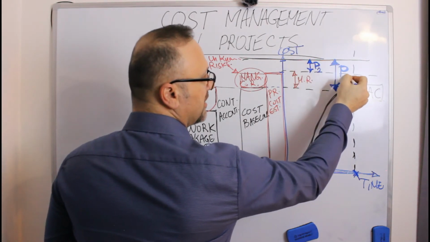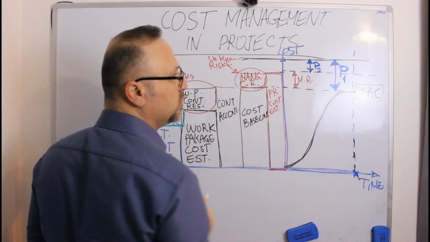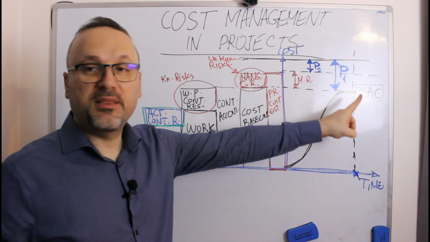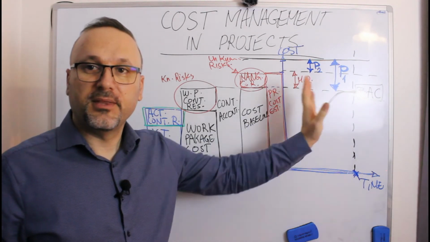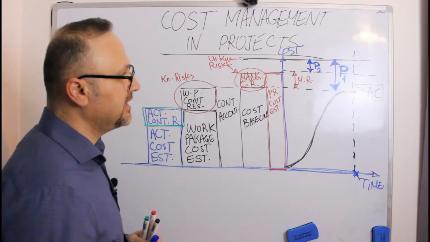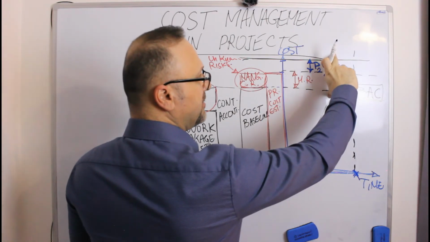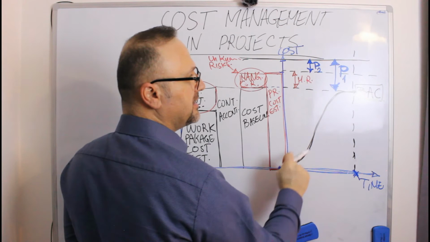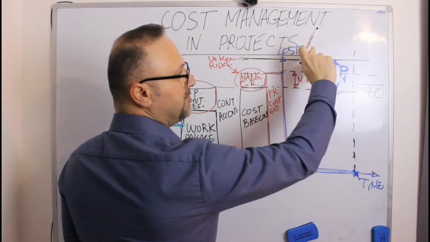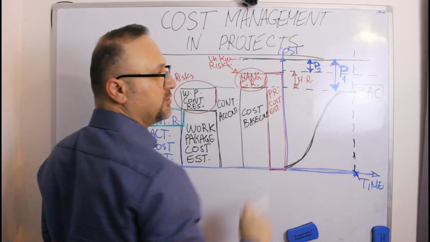Let me call it P1 and P2. So once you define P1 and P2 at the beginning of the project, management is saying, okay, I'm estimating that my profit will end up in between these two values.